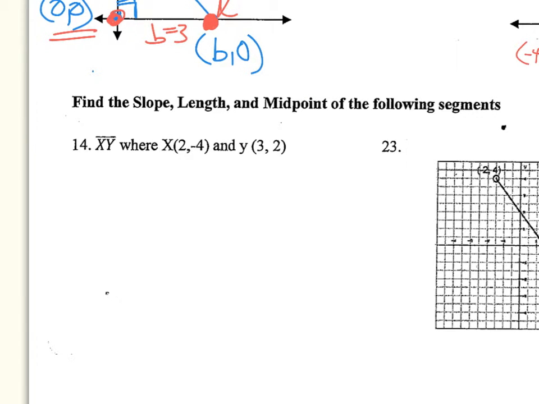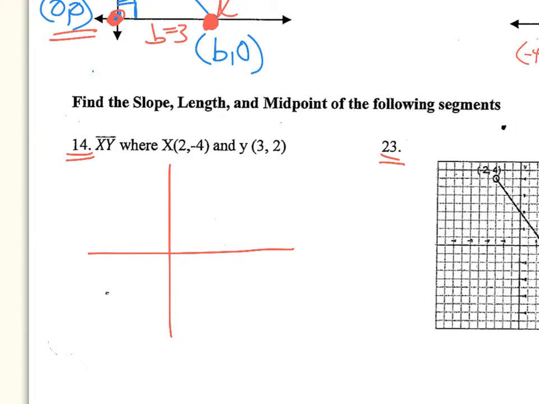The numbering on this packet is not correct, but we have two separate problems, number 14 and number 23. Okay, so for this 14, we want to find the slope, length, and midpoint of the following segment. To do this, we could plot out these points.